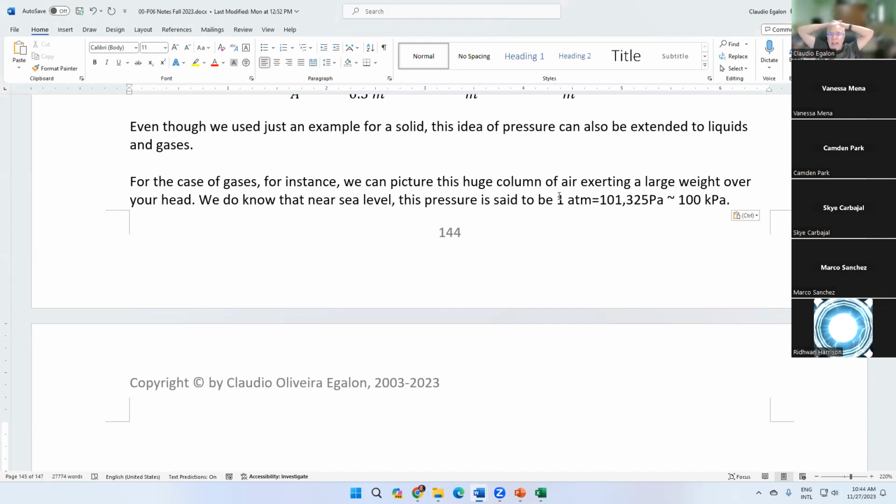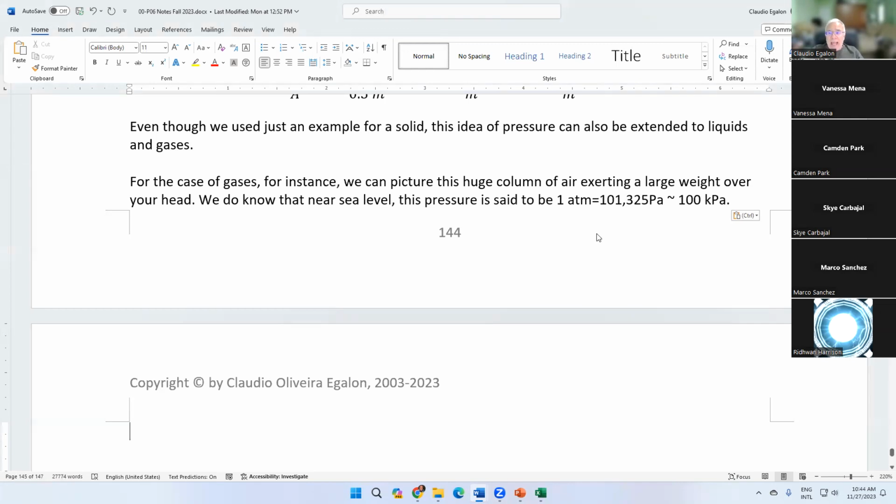So you have all those gases on top of our head, weighing on our head. The atmosphere of the Earth extends past 100 kilometers. So you have all this huge mass of air that is weighing on us.